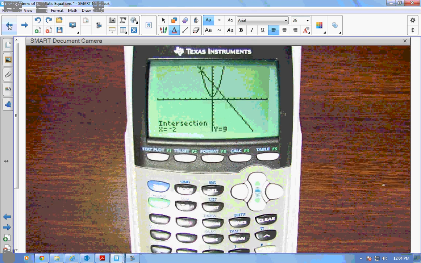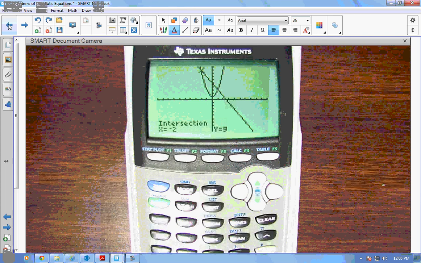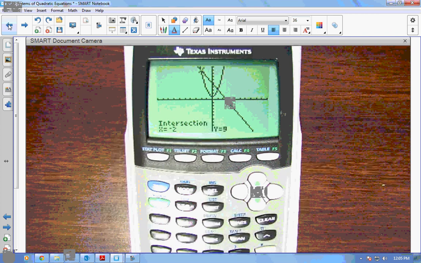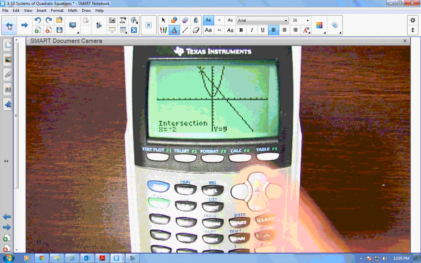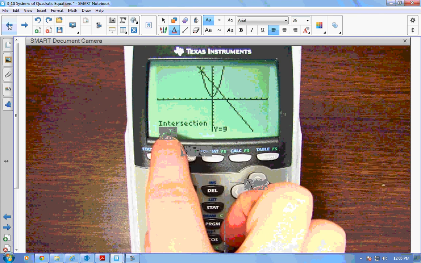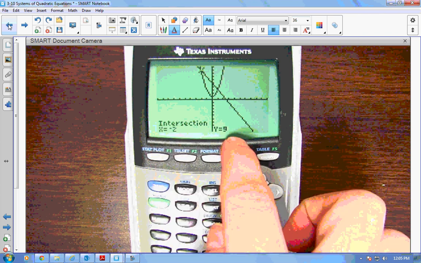Okay, and what is the intersection? Good. Okay, what about the rest of you? What is the intersection? Okay, these two in the front, I hear Noah. I don't hear it from anyone else. What is the intersection? Negative 2, comma, 9.